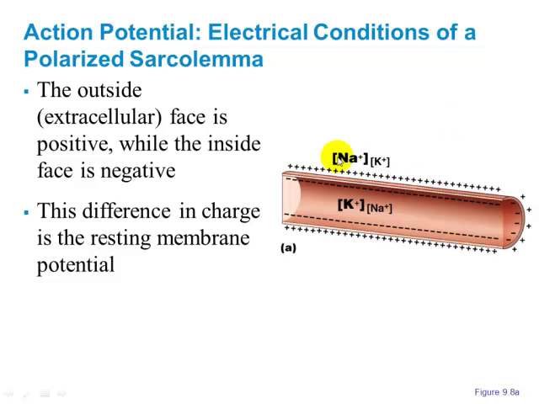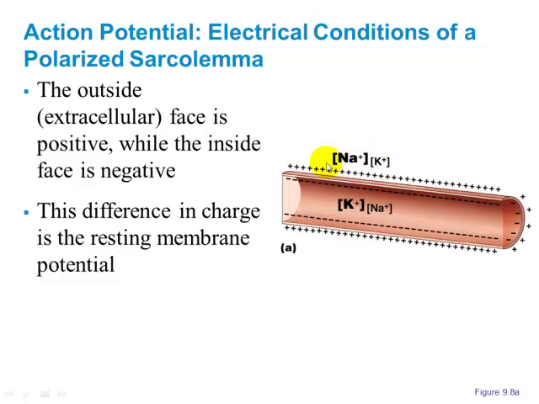The outside portion over here, we see that we have relatively more sodium outside than inside. These little brackets imply concentration of. So this tells you that you have a higher concentration of sodium outside of the muscle cell than inside of the muscle cell. In the opposite way, we have relatively higher amounts of potassium ion inside than outside.